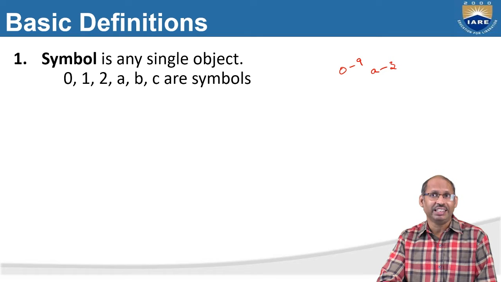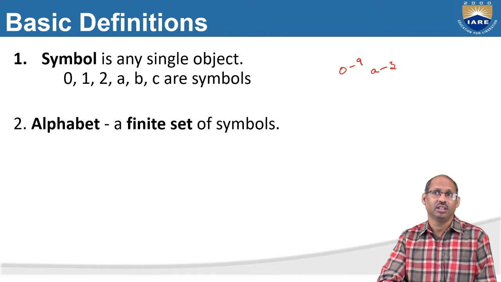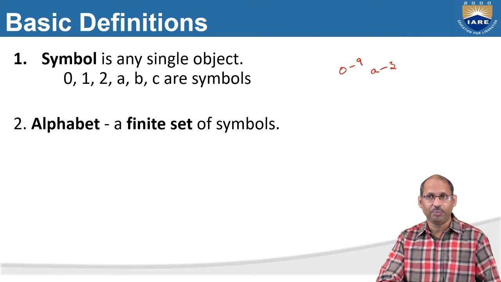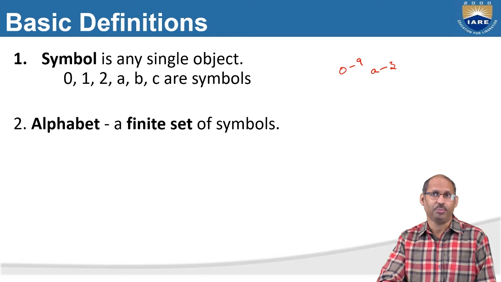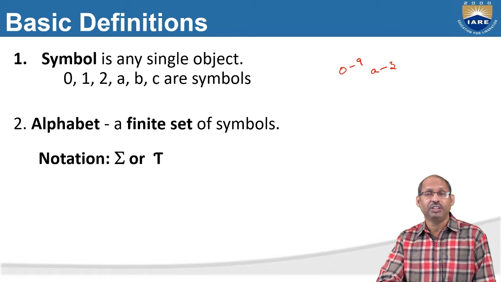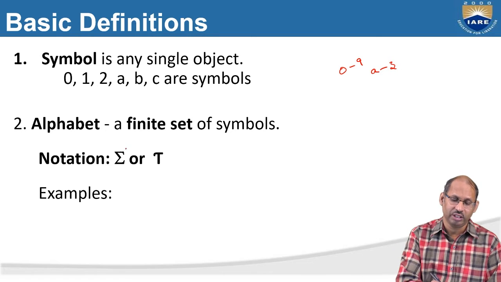A finite set of symbols we call an alphabet. So what is an alphabet? A finite set of symbols. We represent an alphabet with the notation tau or sigma.